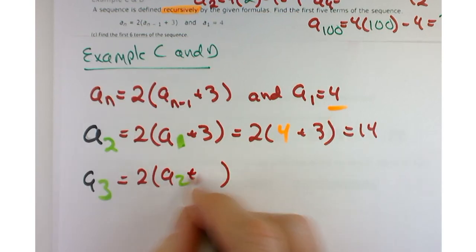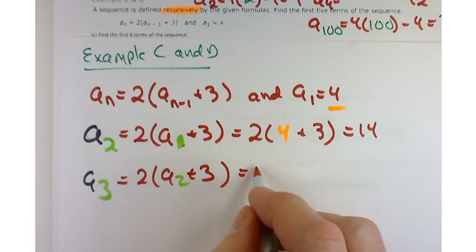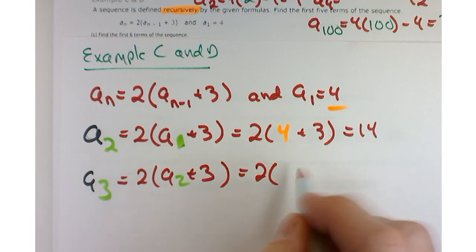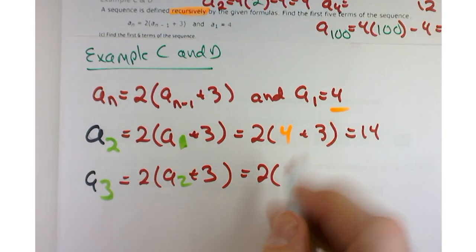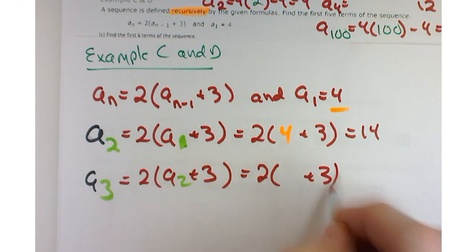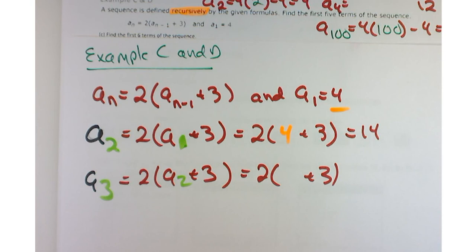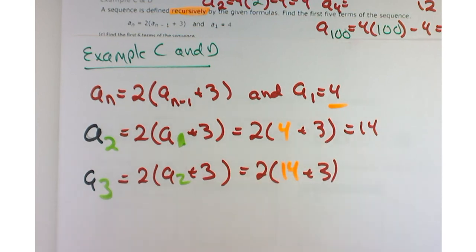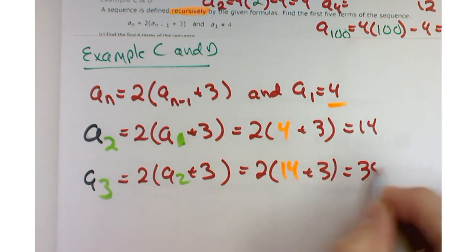Well, a sub 2 was 14. So it's going to be 14 plus 3, so 17. And 2 times 17 is going to be 34.